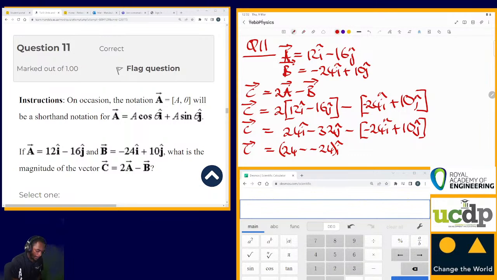Then it will be negative 32 in the j minus 10 in the j, or let's maintain the same notation, minus 10 in the j, like that.